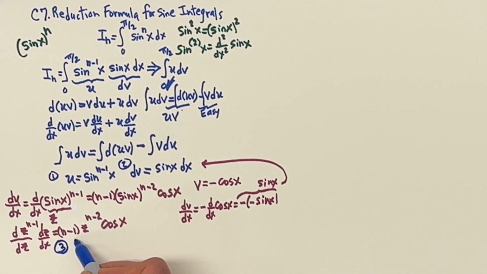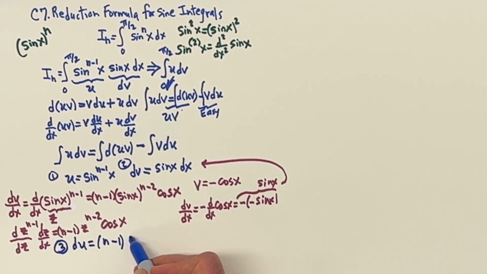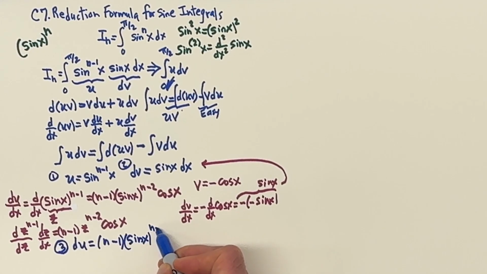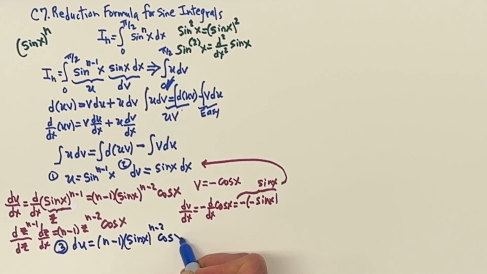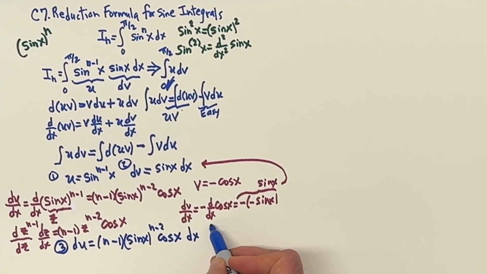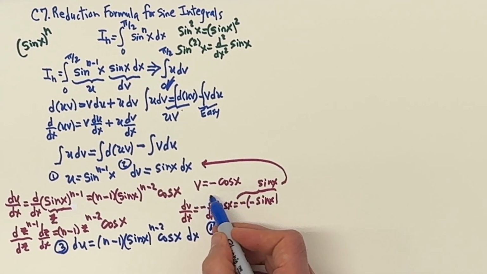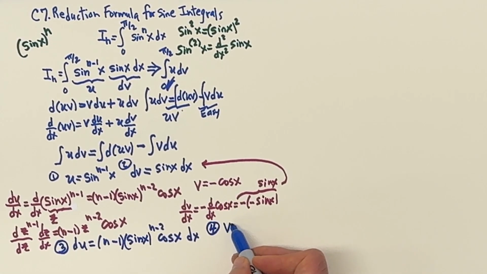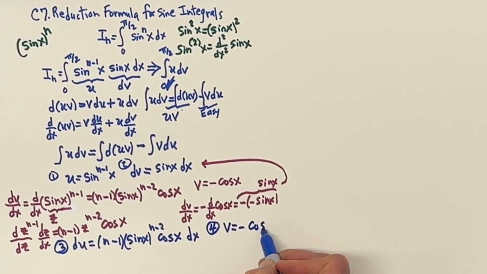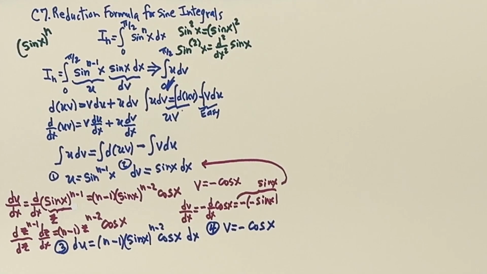The du is equal to n minus 1 sine of x to the n minus 2 cosine of x dx. And then 4 is minus cosine of x. So these are the four components that we need. Now we're ready to plug in and do it.